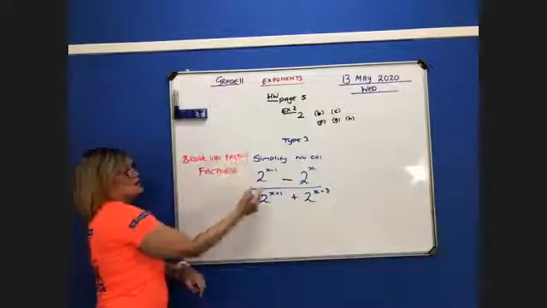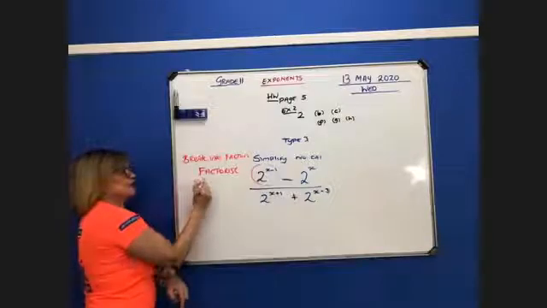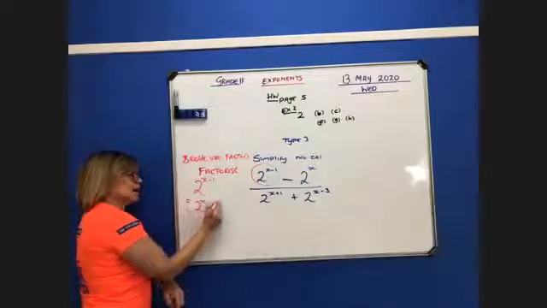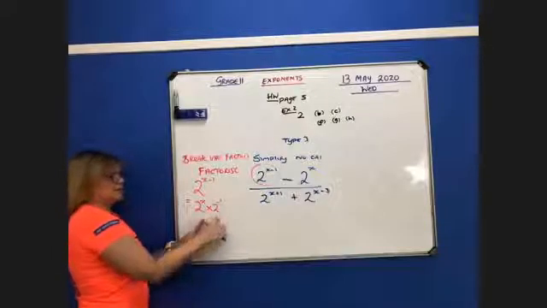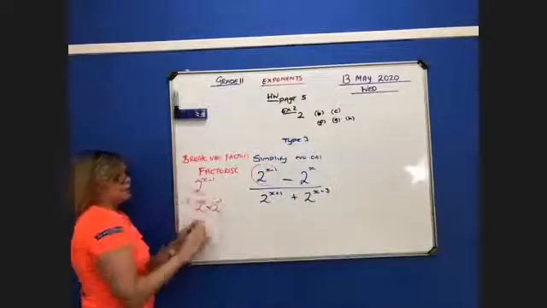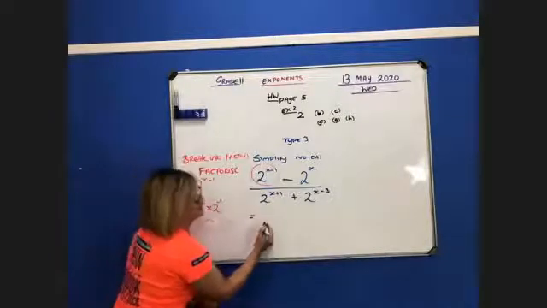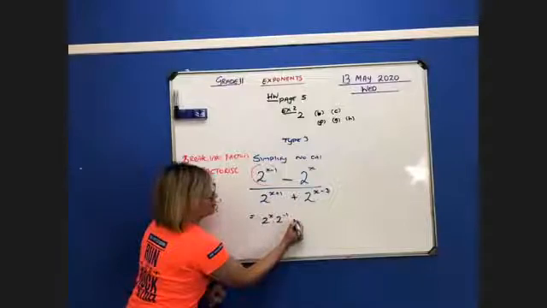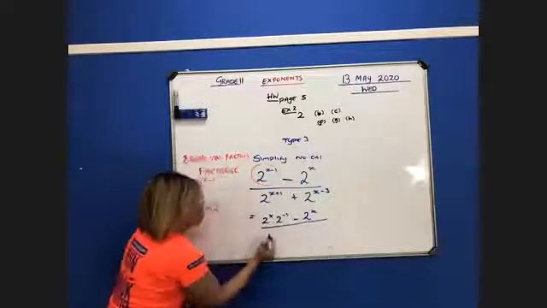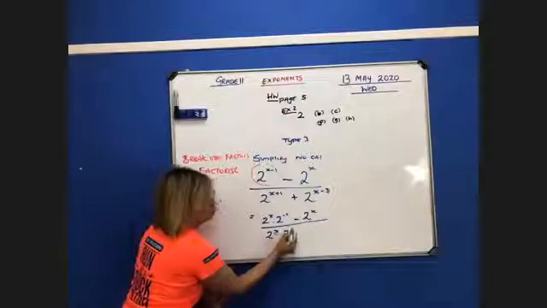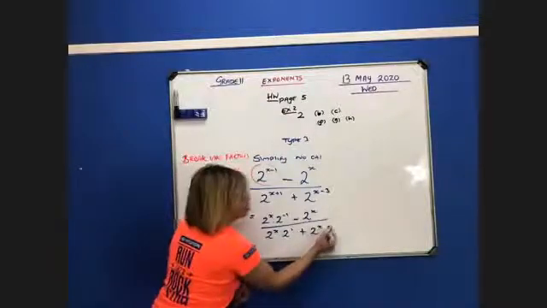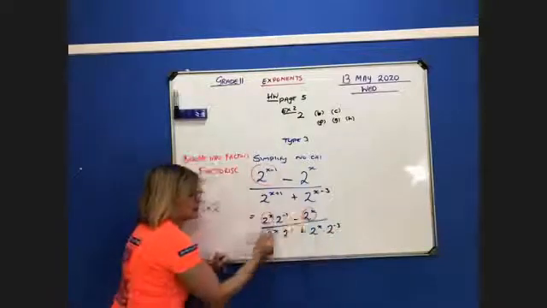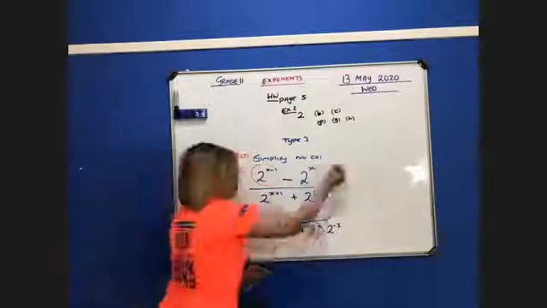What do I mean by that? Well, 2 to the x minus 1 is the same as 2 to the x times 2 to the minus 1, because then you would go backwards to that. So very quickly, because I'm running out of time, we've got 2 to the x times 2 to the minus 1 minus 2 to the x, over 2 to the x times 2 to the 1 plus 2 to the x times 2 to the minus 3. Do you see the numerator? That is my common factor, and in my denominator, that is my common factor.